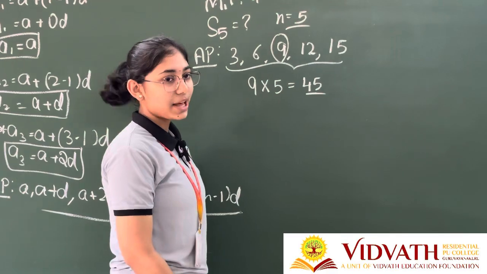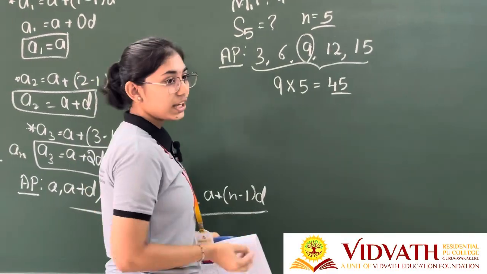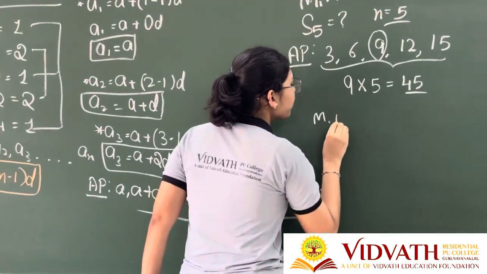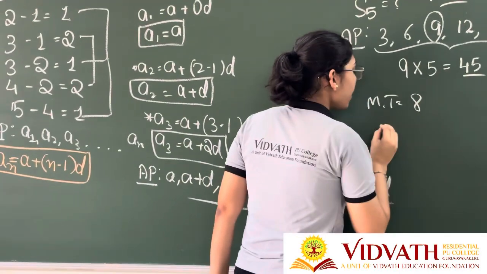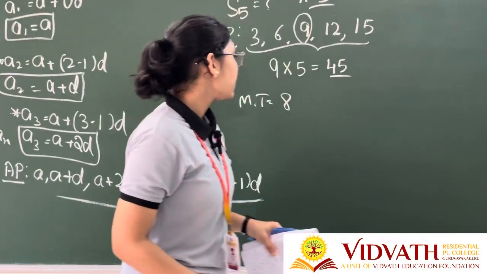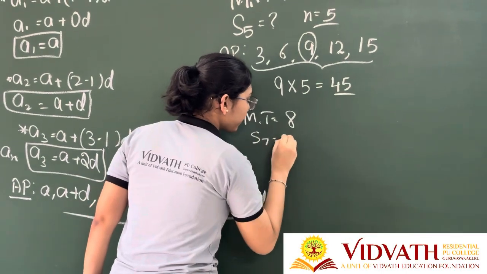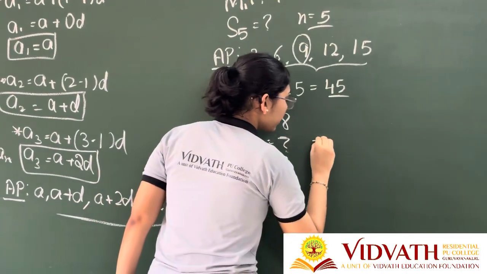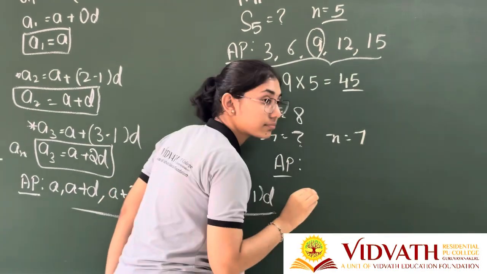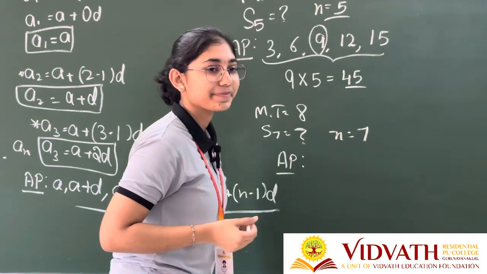Let me take another example. Let's take the middle term as 8. Let's find out the sum of the first 7 terms then. N is equal to 7. Any guesses of the AP? What would be the AP?